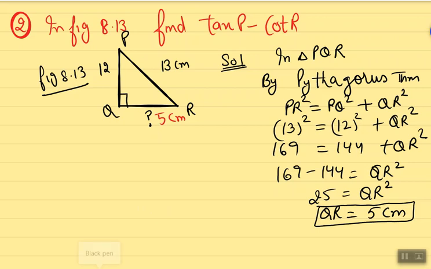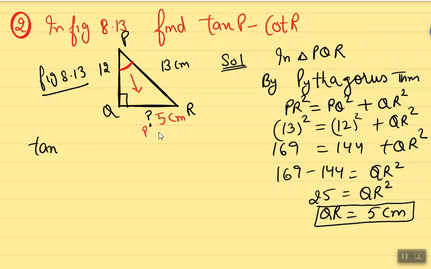Now, firstly, what is tan P? Beta, with the red pen I am showing the angle. This is angle P, and the opposite side is called perpendicular.